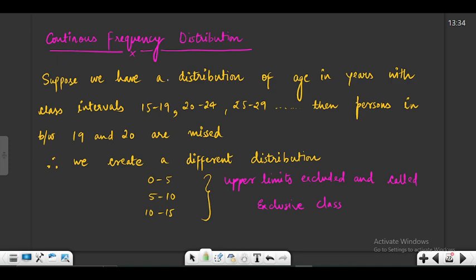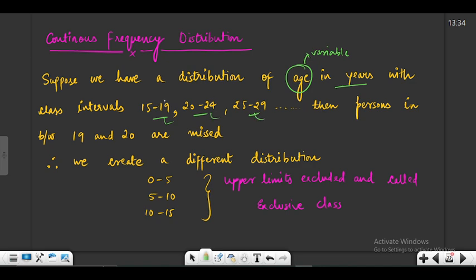So suppose we have a distribution of age. So we have taken now the example of age distribution in years with the class intervals this and this. So we have used the previous class interval and we are having a distribution for the age variable. So age is the variable here, and we are trying to find how many people lie in this range and this range and in this range.